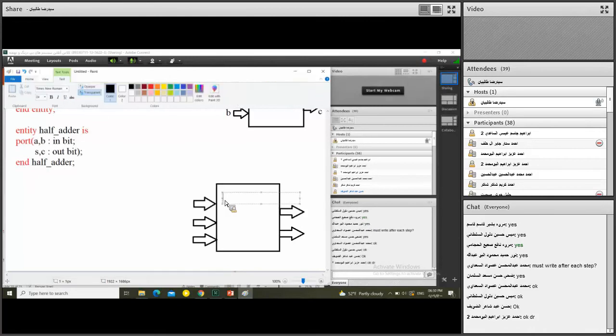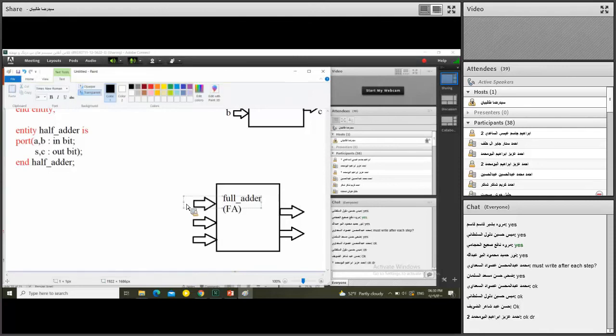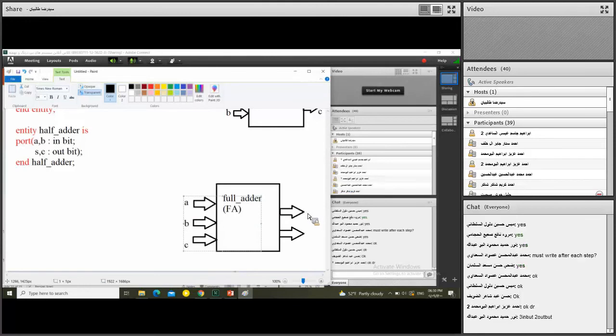It is a full adder, or we can call this FA, the abbreviation of full adder. Each full adder has three inputs, A, B, and C. C means input carry. And each full adder has two outputs, S as the sum, and another output, the output carry.